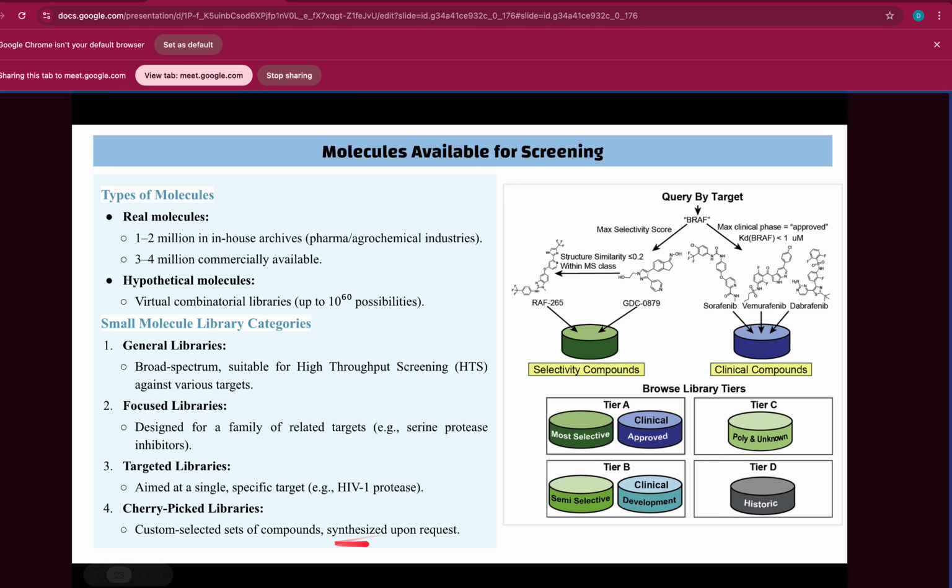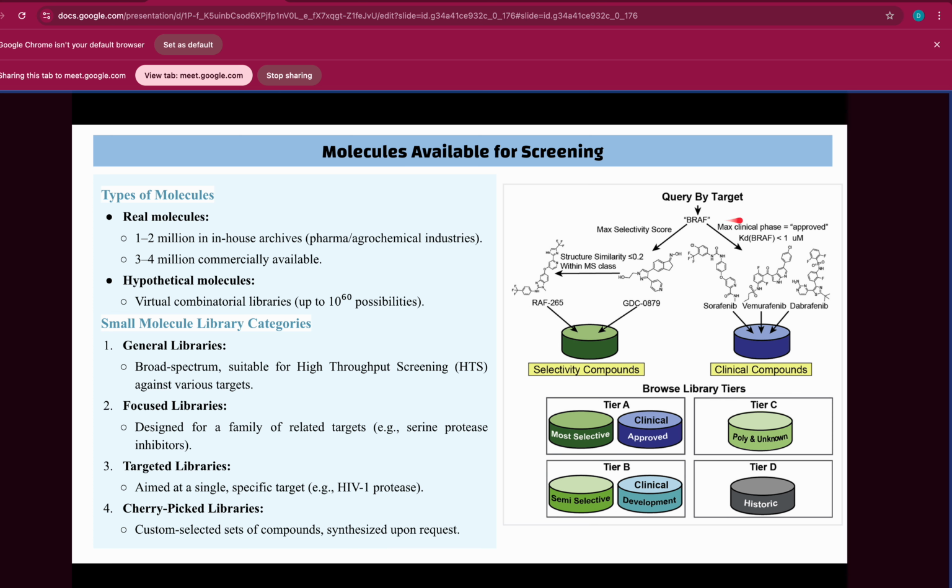For example, if one particular disease is spreading a lot, such as COVID-19 as it spread, then the interest in that particular protein increased. So we specifically picked that protein and identified the inhibitors to that. So that comes under cherry picked libraries, in which depending on request or demand, that particular set of compounds are studied and listed in these libraries, so we can use that information.